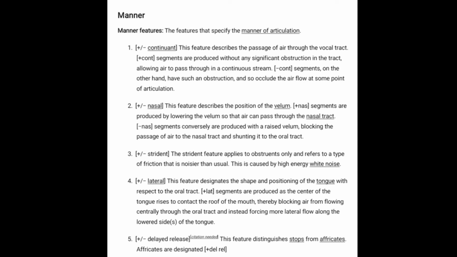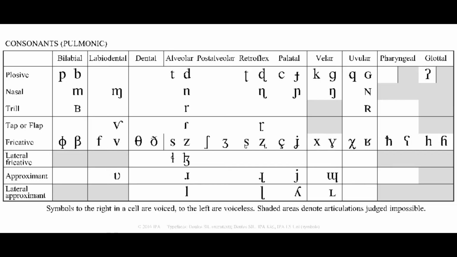Okay, the next is manner. Manner features specify the manner of articulation. In manner of articulation there is the plosive, which produces the sounds p, b, t, d, k, g.